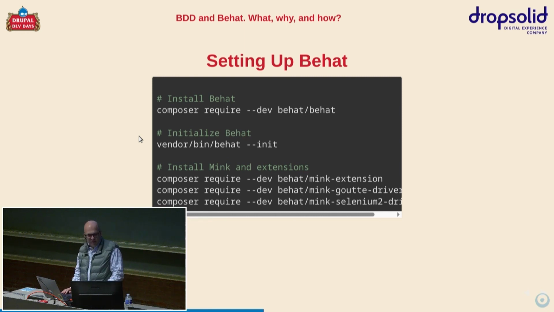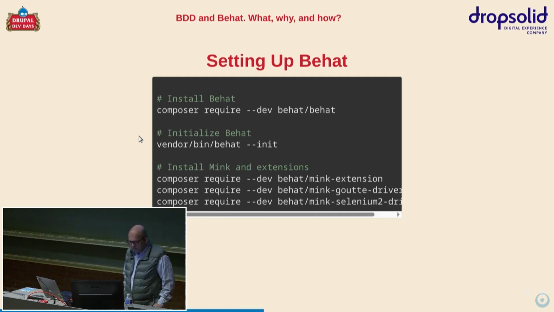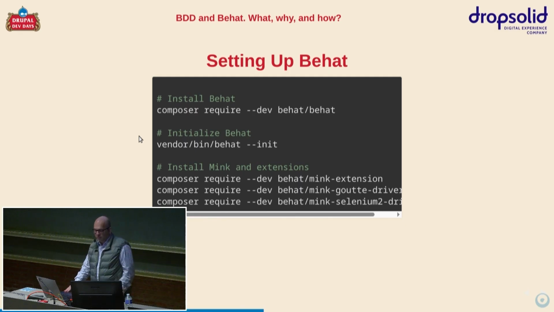So you have Behat. Then you run a quick initialization, which creates a behat.yml file that contains all the configuration. And most probably you also require a set of Mink extensions to control specific target browsers that you want to test with.